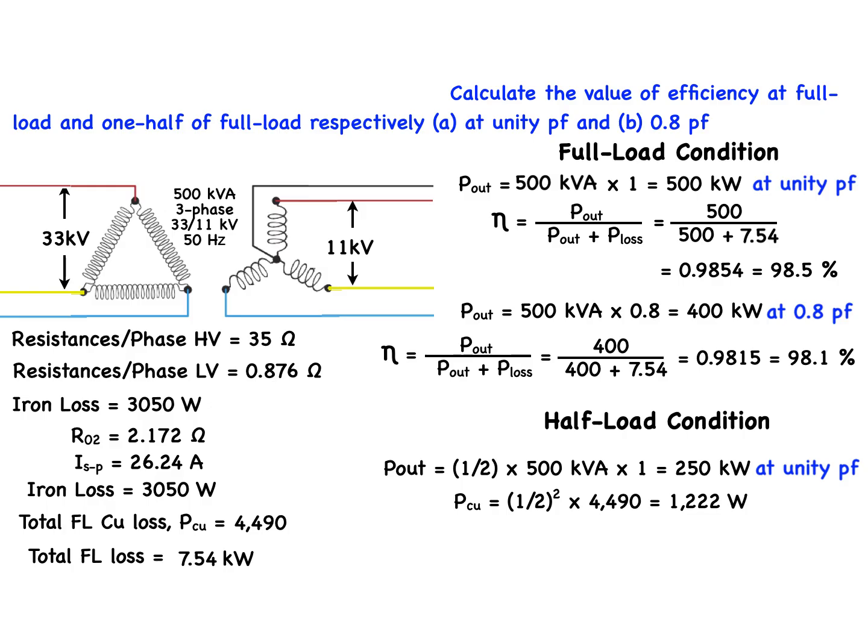Therefore, the total half load losses equals 4,172 watts. You will have noticed that we have reduced the copper losses because of the reduction in the load current, but we have maintained the full iron losses. This is due to the fact that regardless of the amount of current that is flowing due to the load, the magnetic flux is always the same.